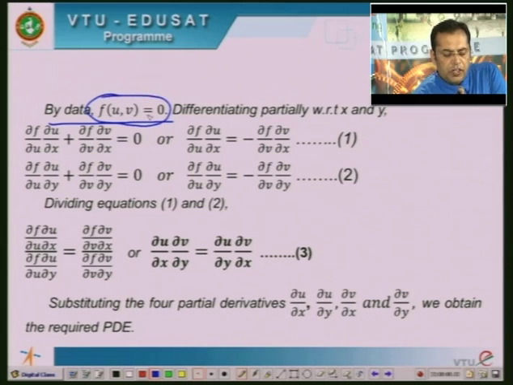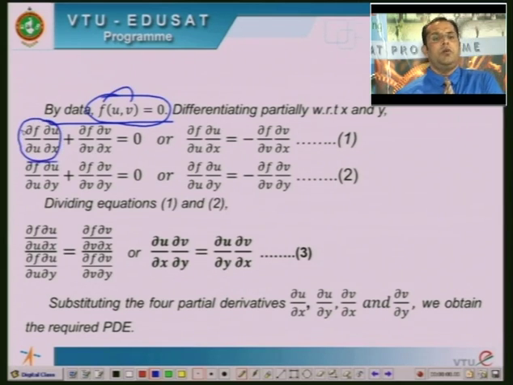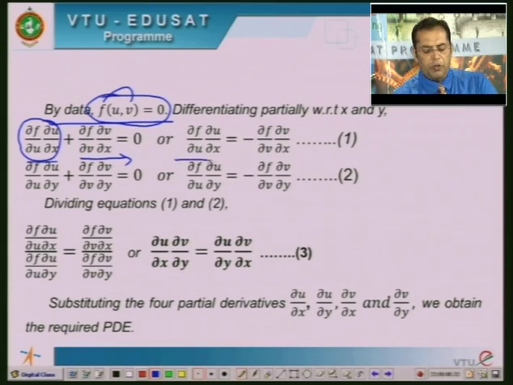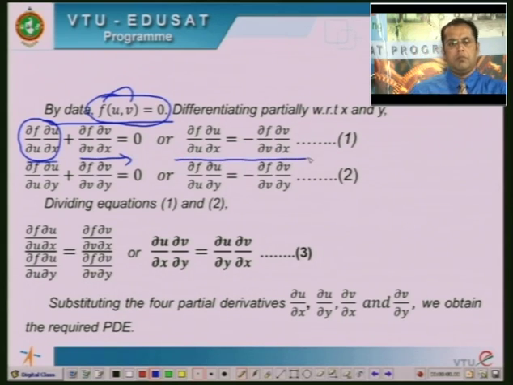F of u v equal to 0 becomes, with respect to x, dou f by dou u into dou u by dou x plus dou f by dou v into dou v by dou x equal to 0, or dou f by dou u into dou u by dou x will give, shift this to RHS. When it goes to RHS, you get dou f by dou u into dou u by dou x equal to minus dou f by dou v into dou v by dou x. So, let us call that expression 1.